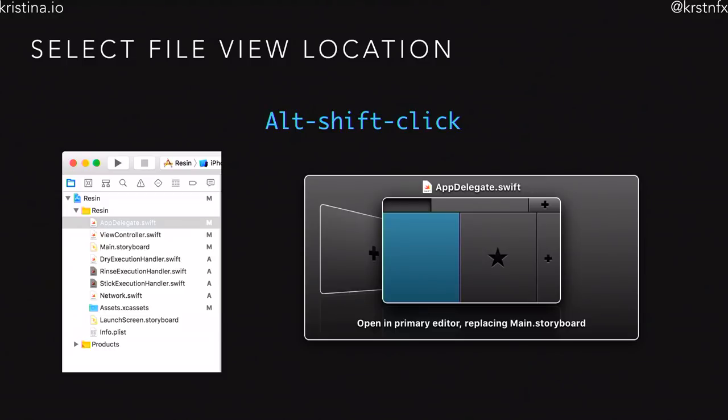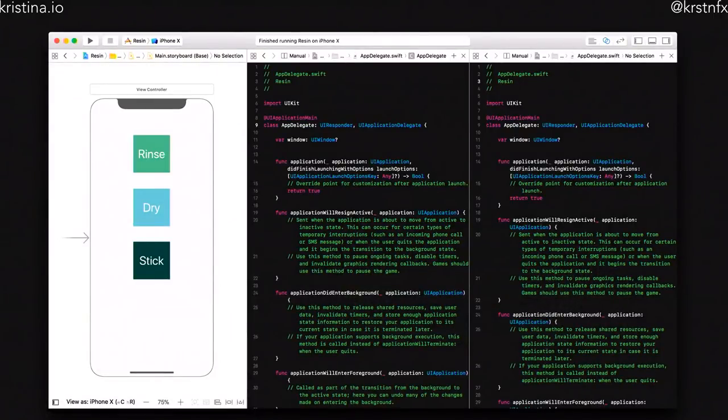From there, a little window will pop up asking you where you want to place this file. So you can either choose the primary editor on the left, or the assistant editor where that star icon is, or if you click on that plus button on the right-hand side, then you'll add an additional file to your right. So you'll be able to end up with something like this.